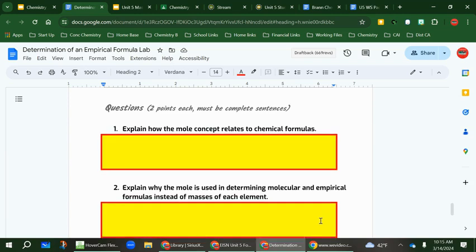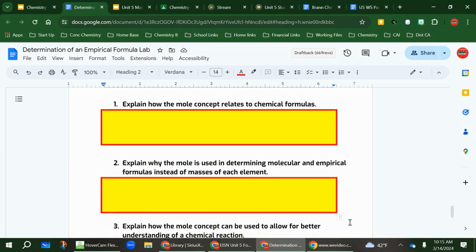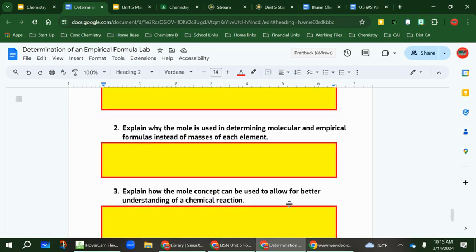Number 2, explain why the mole is used in determining molecular empirical formulas instead of the masses of each element. Yes, we begin with masses, but then we convert it into moles. Why do we do it in moles and not a ratio of masses? And finally, explain how the mole concept can be used to allow for better understanding of a chemical reaction.